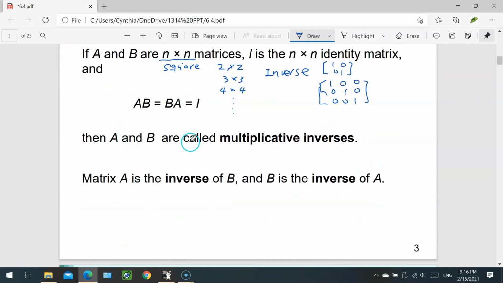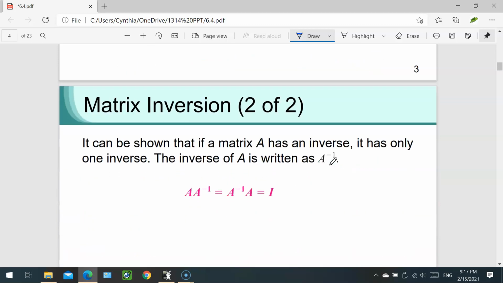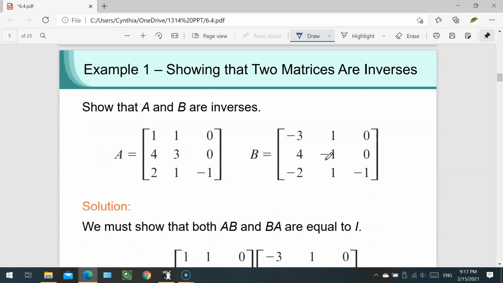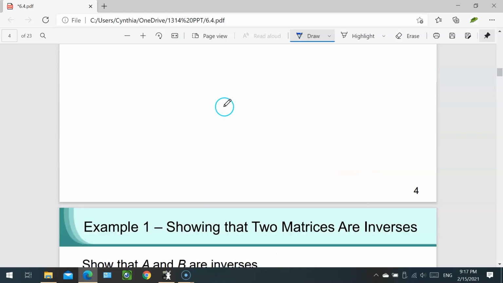When two matrices multiply and the result is an identity matrix, we call that multiplicative inverses. So the matrix A is the inverse of B, and B is the inverse of A. Show that A and B are inverses.